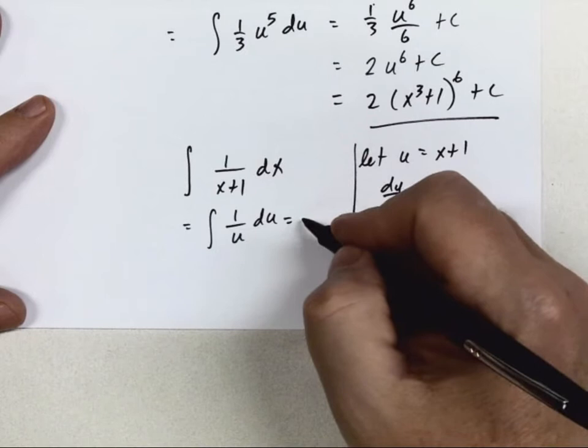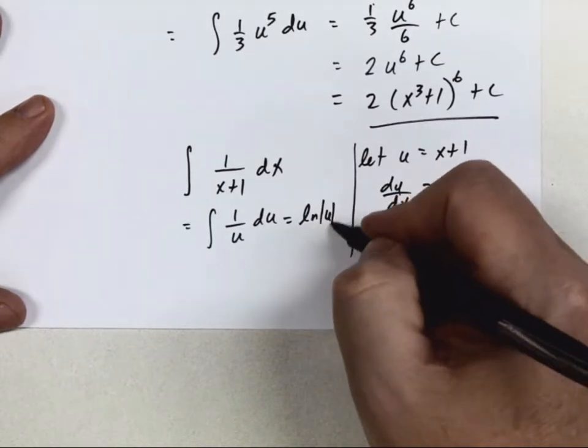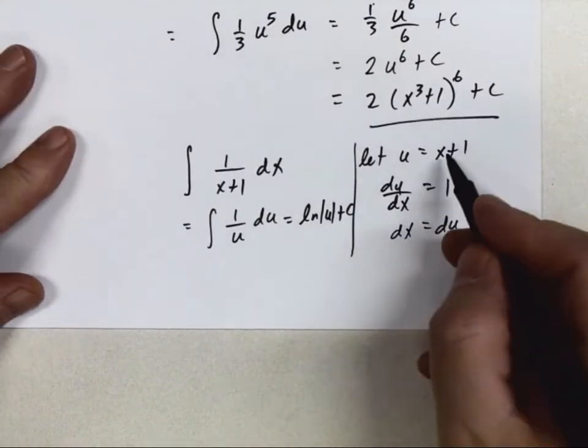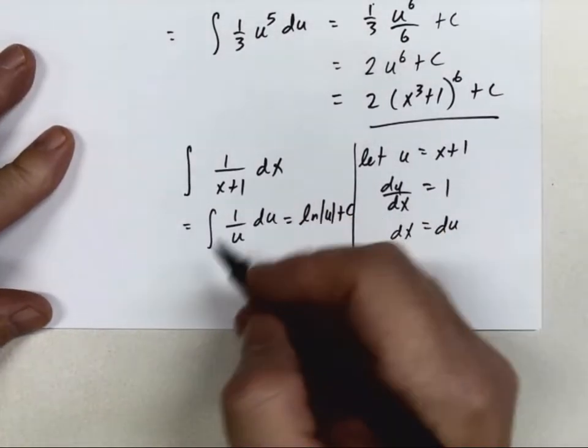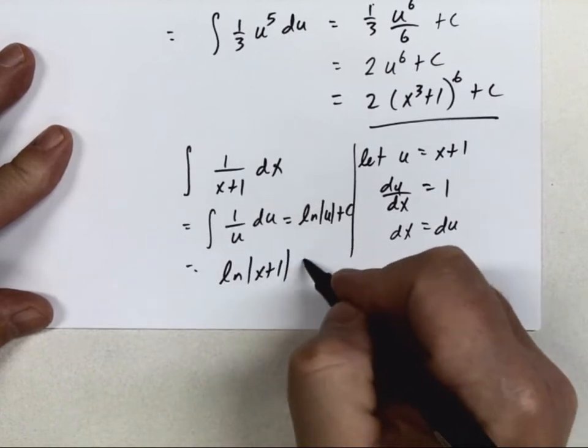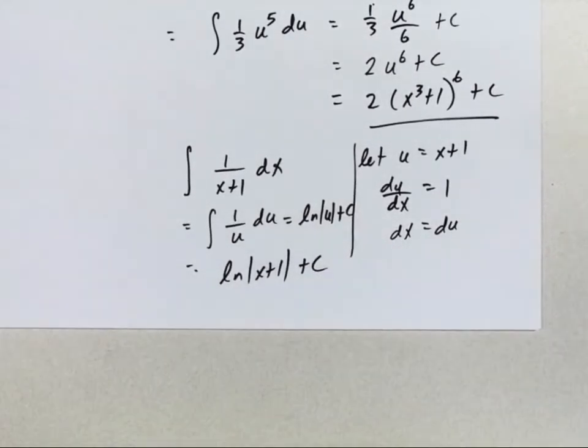Matter of fact, that's natural log absolute value of u. So now I've integrated. The last step is now replace the x with the original definition. And now we've integrated it.